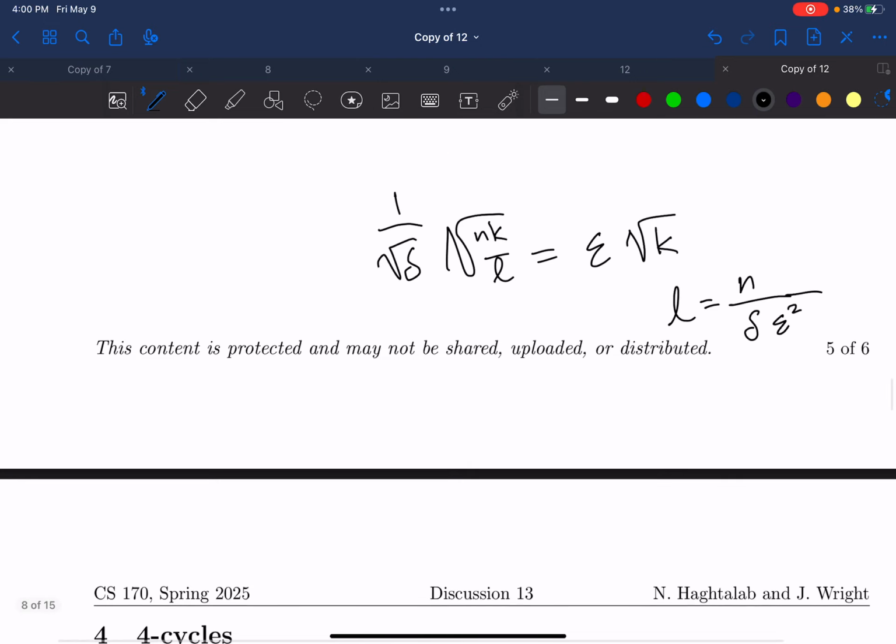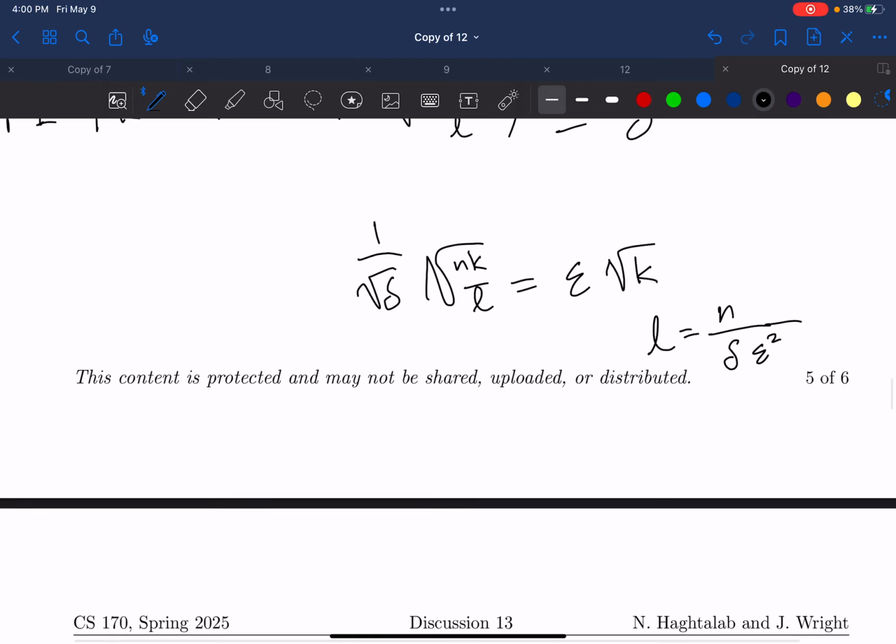Right, so that's just more of a pattern matching way of recognizing it, and we can verify this by writing it out. So we see this cancels, and then everything else becomes 1 over square root delta times square root of k.